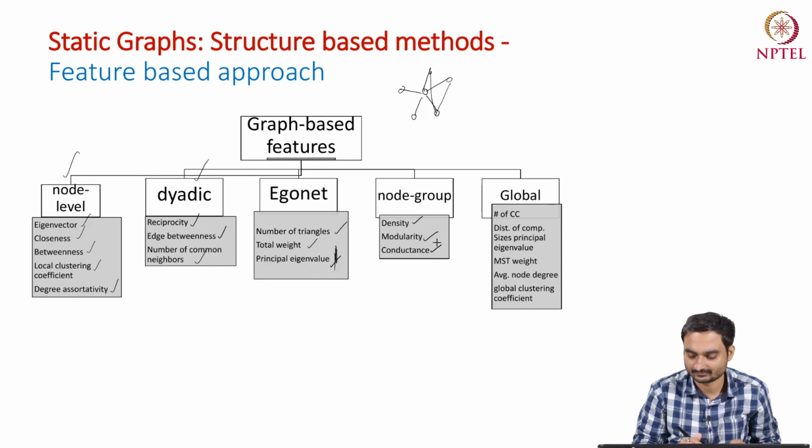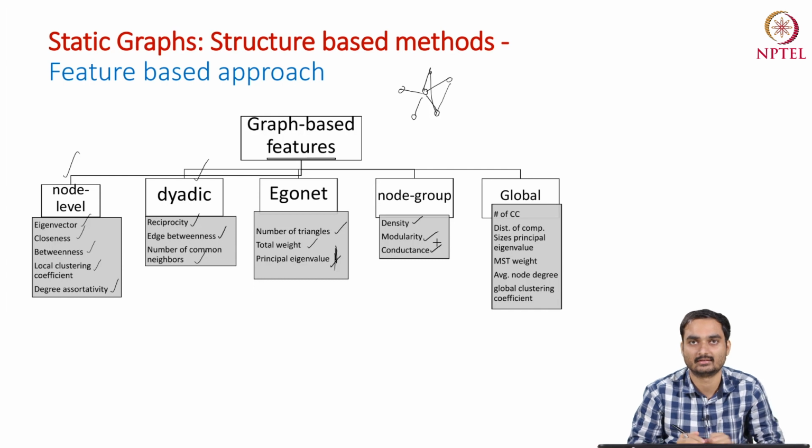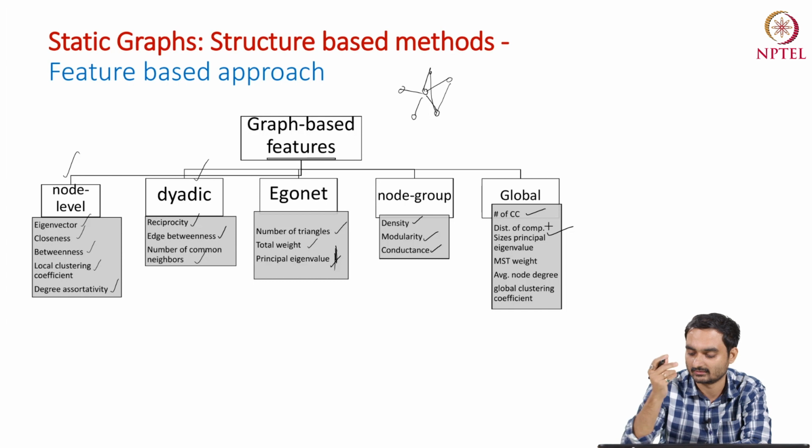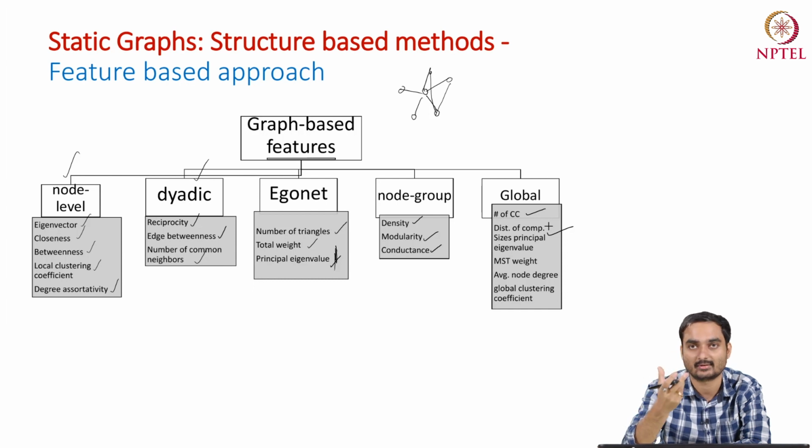And if we are also interested in the overall graph-based properties, we can measure the number of connected components. We can measure the distance of different components, and we can also look at the size of the components. We can look at the principal eigenvectors, principal eigenvalues, and the weights of a minimum spanning tree.